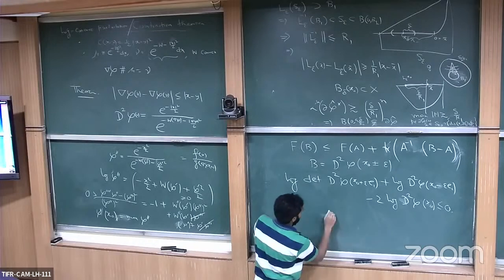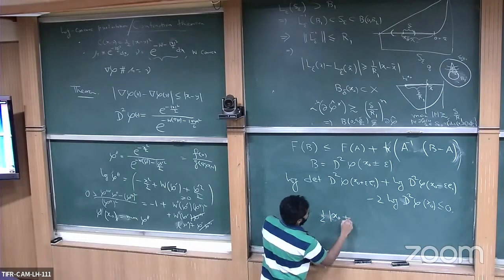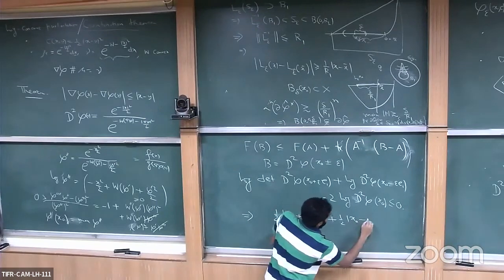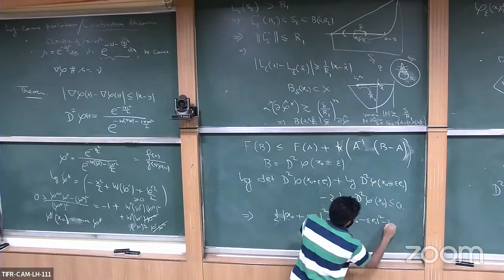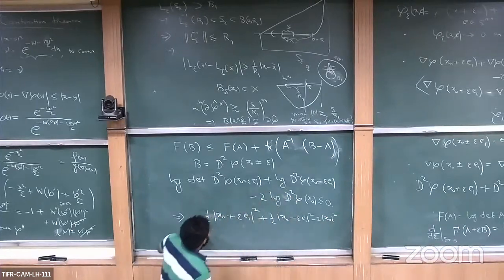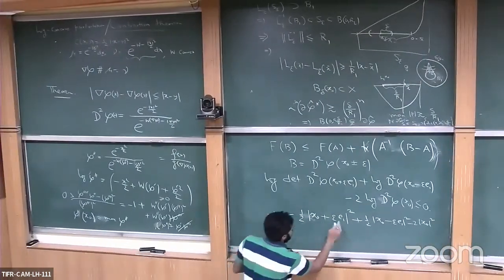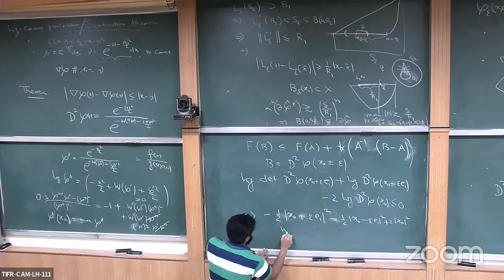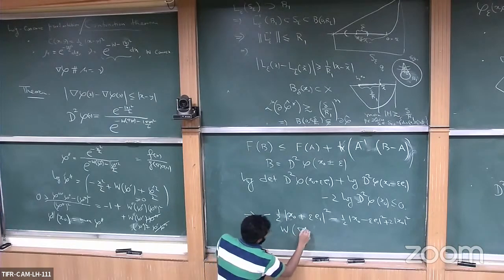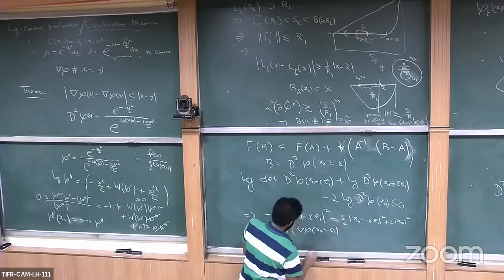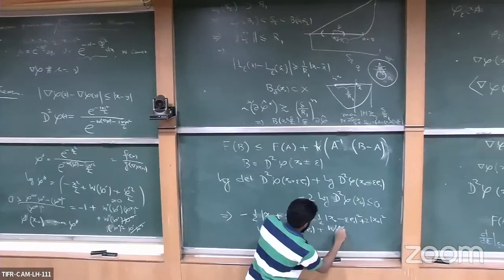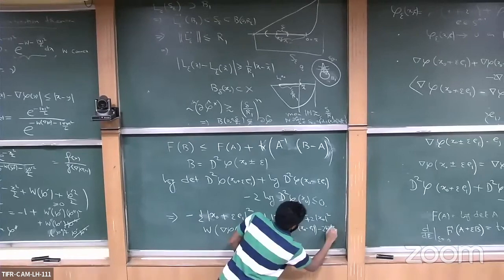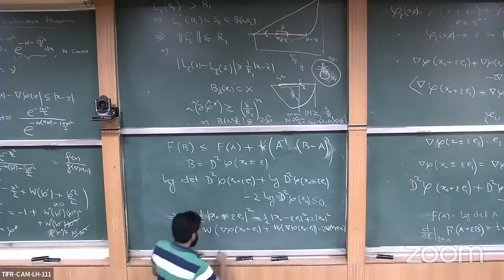So the first equation is half |x naught plus epsilon e1| squared, then plus half |x naught minus epsilon e1| squared, and from here minus 2 times half |x naught| squared, and I have log so these are all minus, plus, and then corresponding to W, so W of gradient phi at x naught plus e1 plus W of gradient phi at x naught minus e1 minus 2 W of gradient phi at x naught, and similar things for phi.